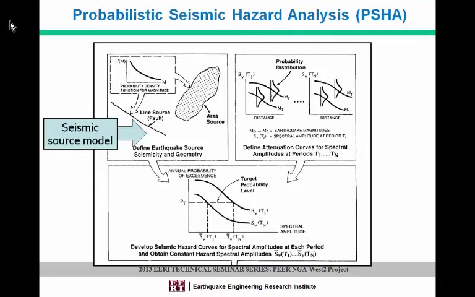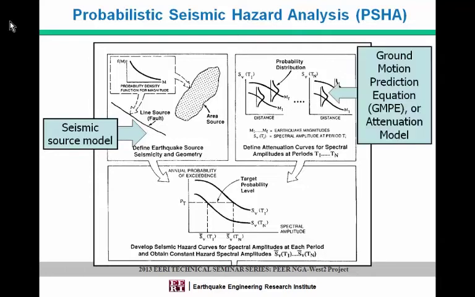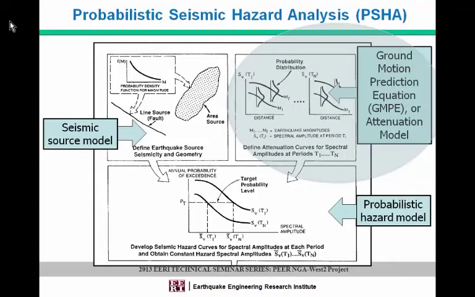And then you have to know something about ground motion prediction equations or attenuation models and so on. Then you put together the package and you get the results of PSHA, probabilistic seismic hazard analysis.